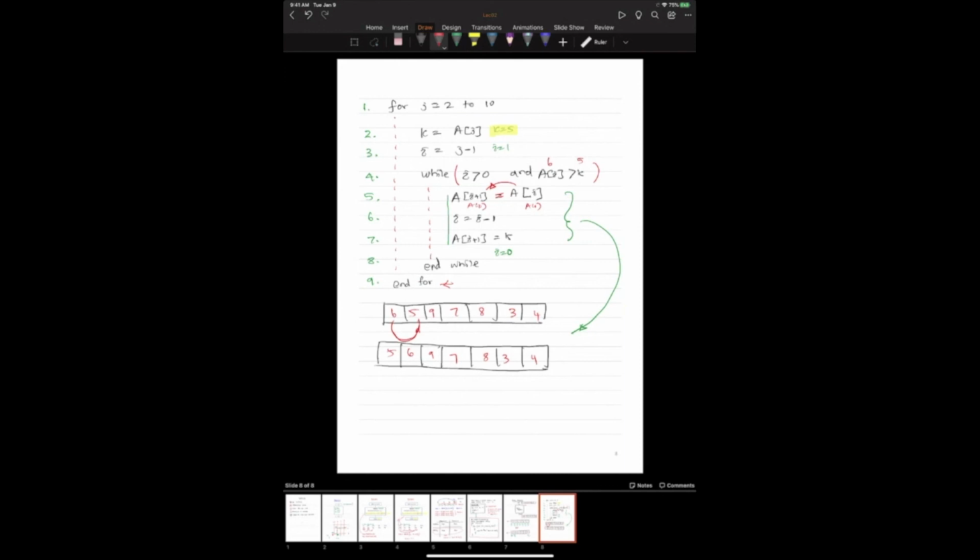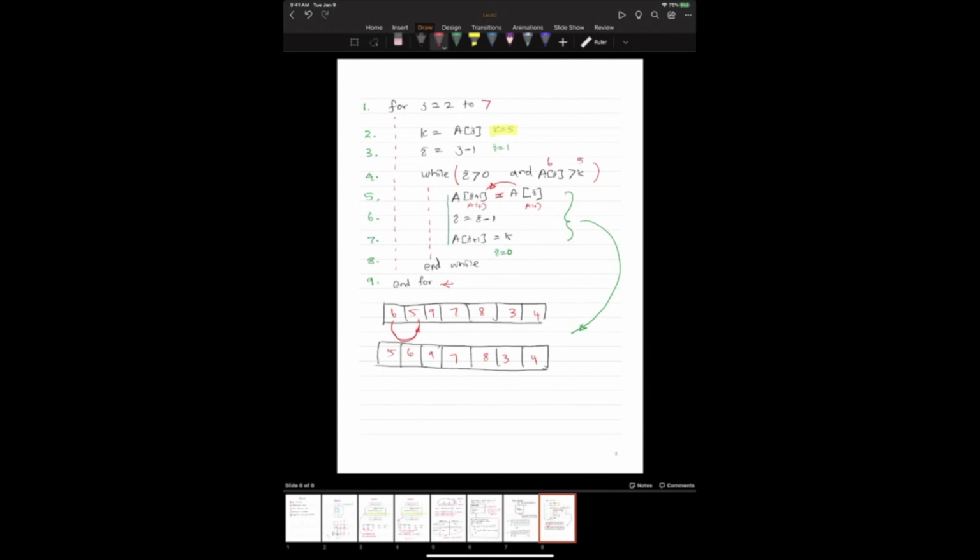So now we did all of these for j is equal to 2 to 10. Oh yeah, you're right, sorry. That was a problem. j is equal to 2 to the length of the array, so that would be 7. Yeah, that's a good point. It's a mistake in my algorithm.